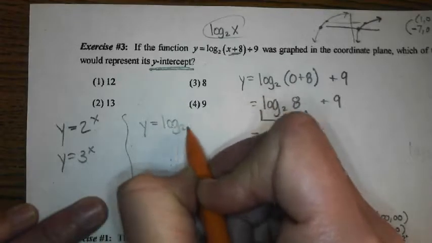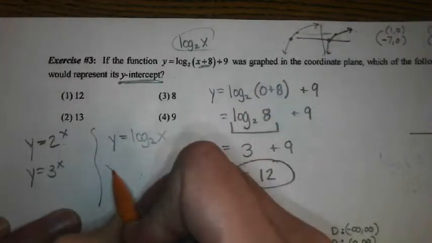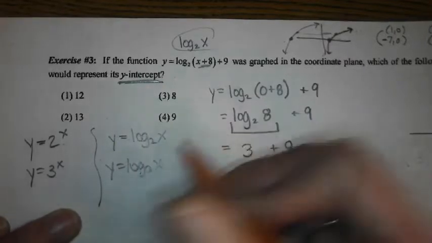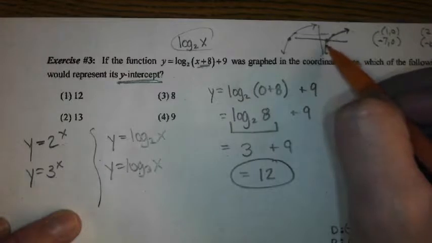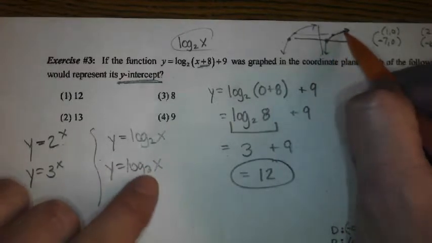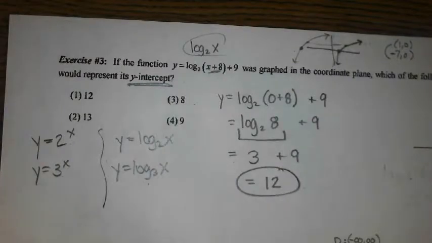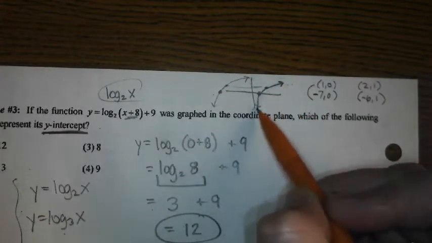Log base 2 of x, that's the parent graph. Y equals log base 3 of x. This is also the parent graph with 1, 0, but rather than having 2, 1, it's going to have 3, 1. It's b comma 1 is your second point. So your bases can kind of change up, but every parent graph will have this structure.